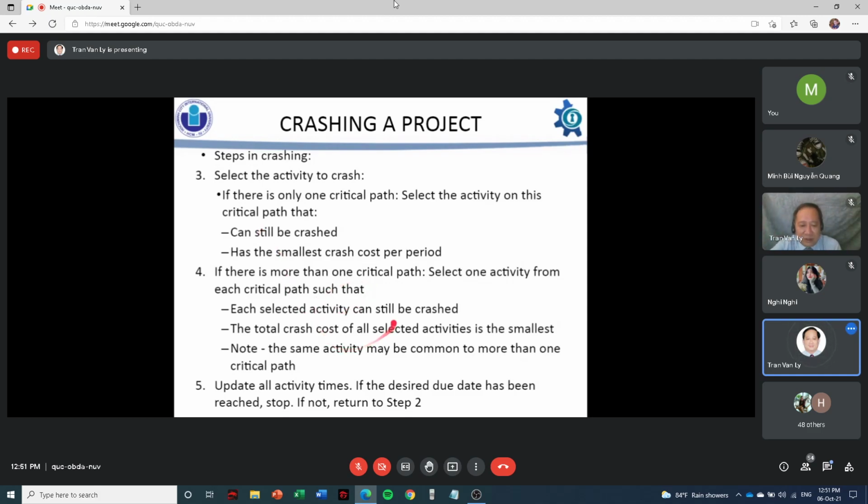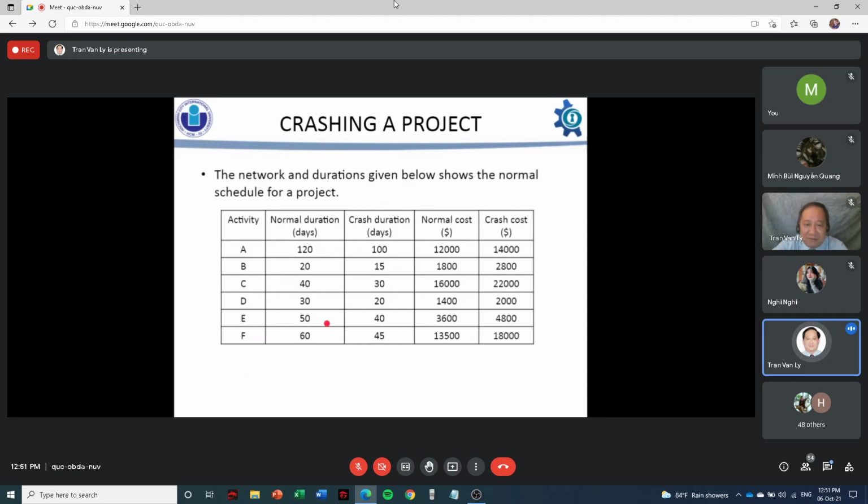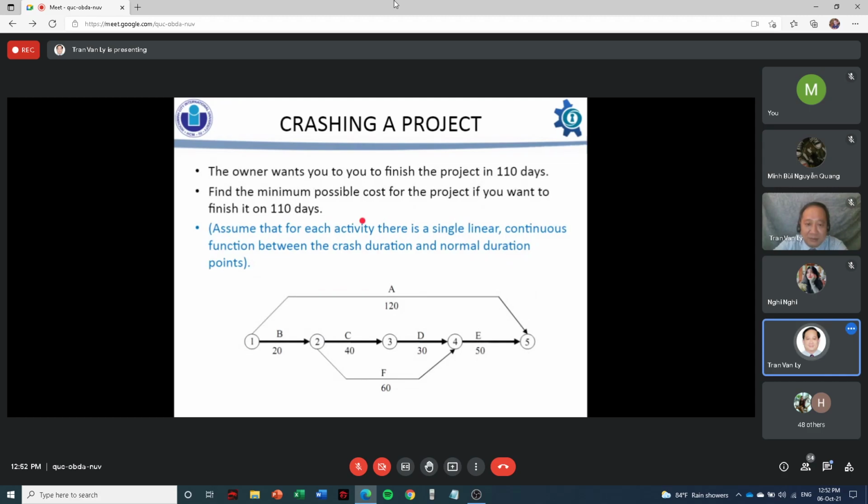So there are steps for you to carry out such a process. So you can see what is the requirement.